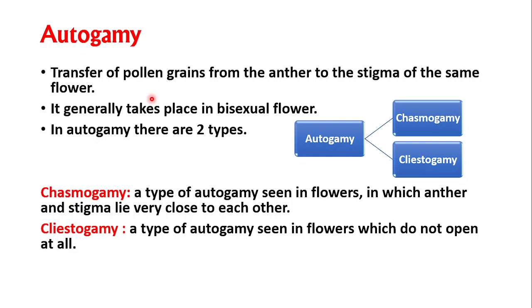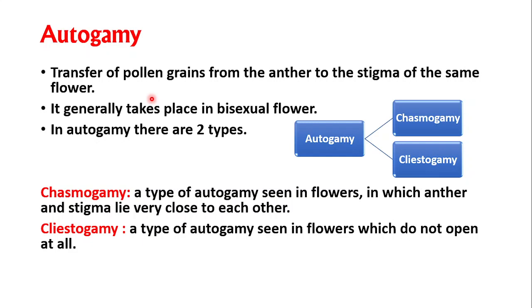Bisexual means both male and female sex organs are present in the same flower, as in the case of hibiscus. Those types of flowers are called bisexual flowers.